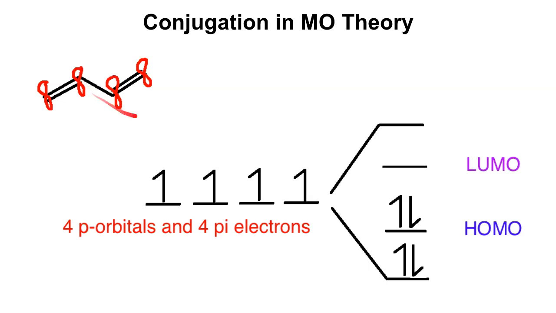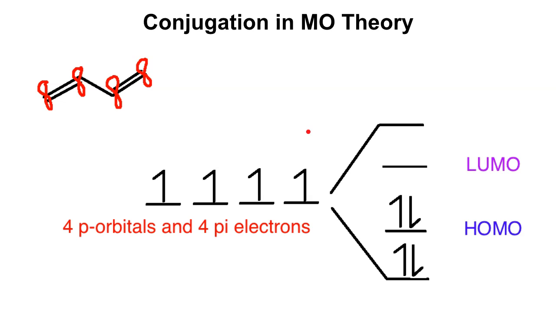All right, now, we have 4 p orbitals here, and because we have 2 pi bonds, we have a total of 4 pi electrons, because remember, 2 electrons to a bond. So 4 p orbitals and 4 pi electrons in 1,3-butadiene is going to lead to these 4 p orbitals, all equal in energy, and each one of them gets 1 pi electron placed into them.